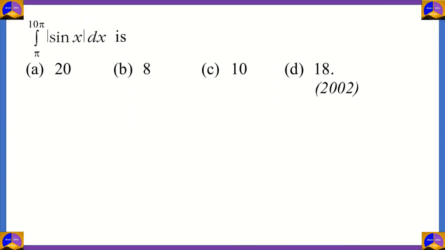Now let's look at the next question. The next question is asking us to find the integral of mod of sine x dx from the interval pi to 10 pi. These kinds of questions are special because we have a periodic function, and in a periodic function there is always a period which we can represent generally as a.